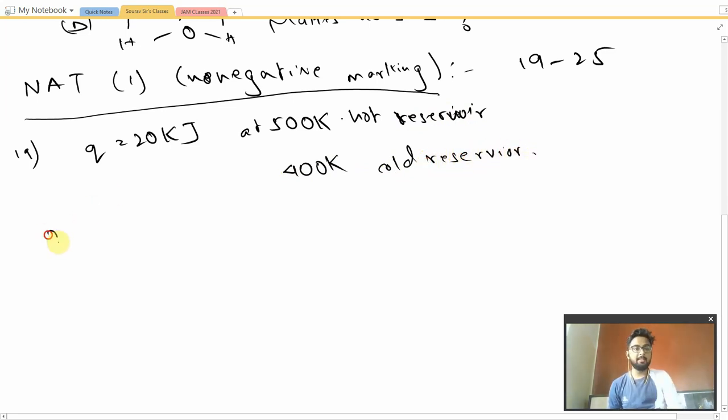The efficiency is being asked, and it is given in dash percentage. In these kinds of exams you are given a dash, and the unit is already mentioned. You just need to write the value. So we can solve it in this way.